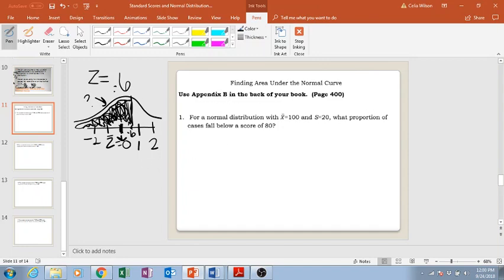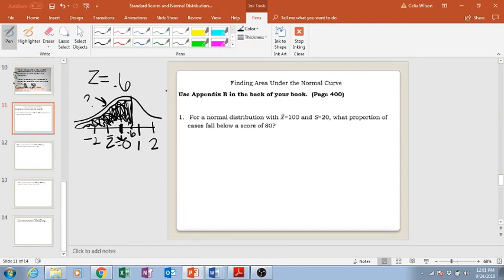All right, so what I want you to do is look for a z of 0.6. It's on page 400, in the first column, a z of 0.6.